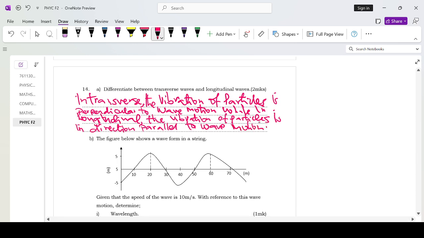By doing it like that, you will have distinguished parallel to the wave motion.